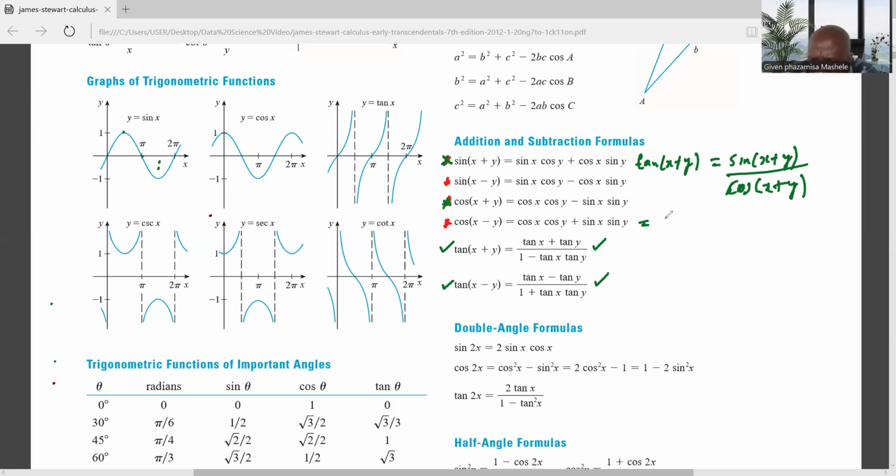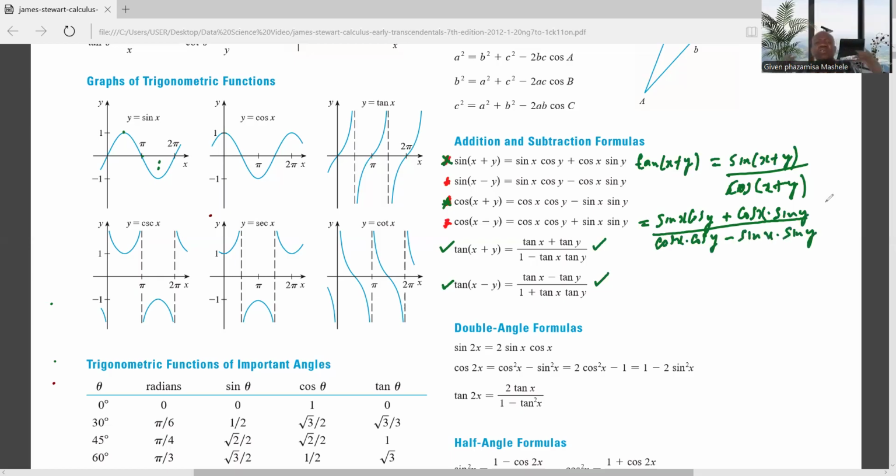So this becomes sine x cos y plus cos x sine y. Then divide by, here, what do we have? We have cos, cos, sine, sine. This becomes cos x cos y minus sine x sine y.